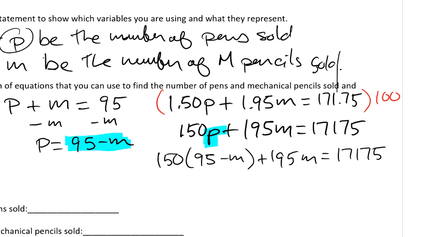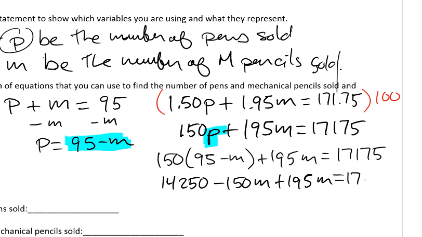And when I distribute this 150 through the 95 minus m, 150 times 95 is 14,250 minus 150m plus 195m equals 17,175.